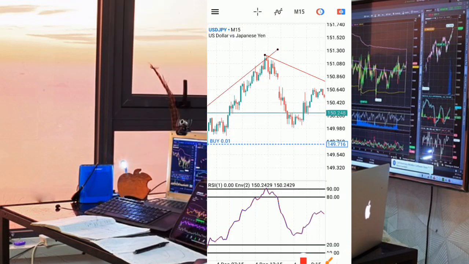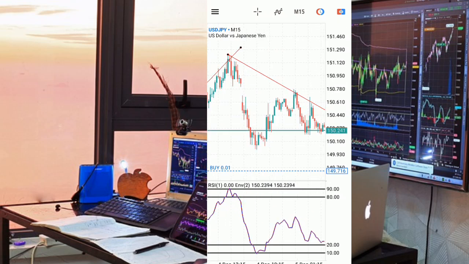I'm trying to make this as simple as I can, because I want everyone to understand this. So I'm going to mark the last candle before the bearish movement.